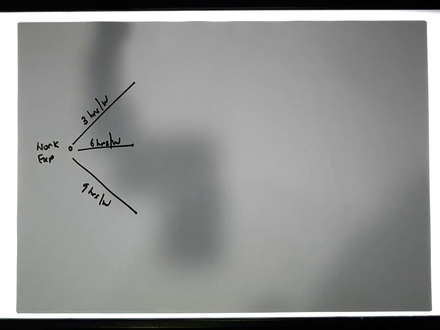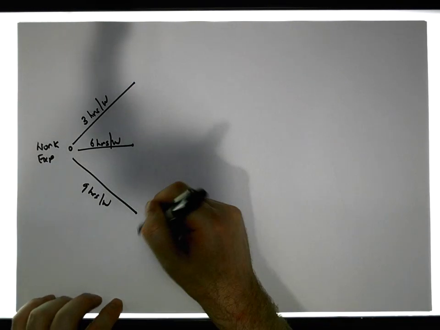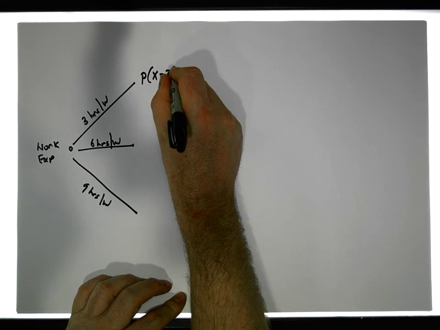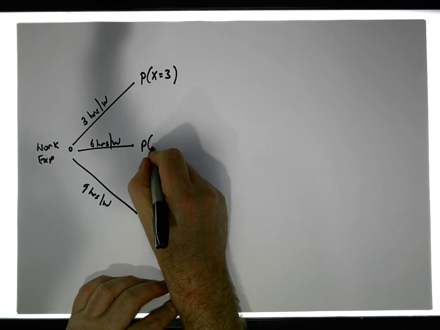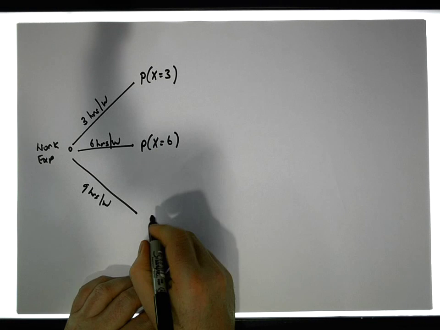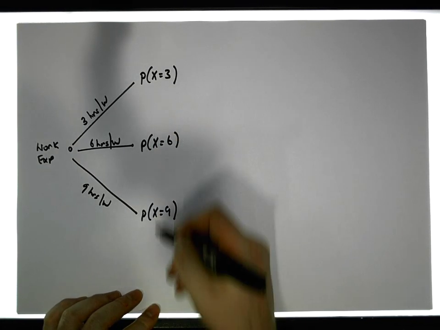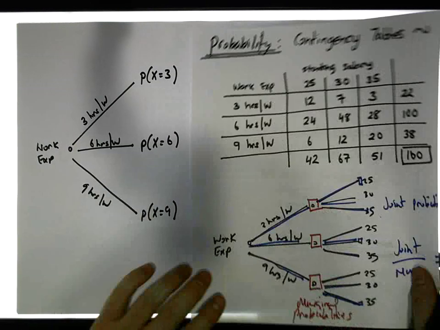So each one of these now represents the marginal probabilities. This would be the probability that the person selected does 3 hours work, this here the probability that the person selected does 6 hours work, and this here the probability that the person selected does 9 hours work. 3 individual probabilities, which are marginal probabilities, are simple events.